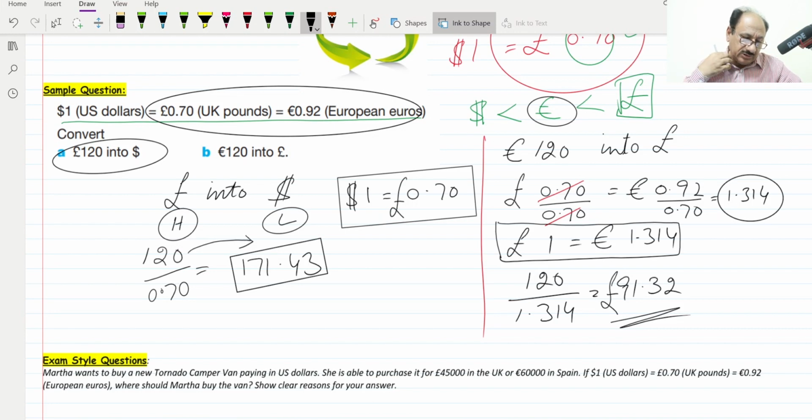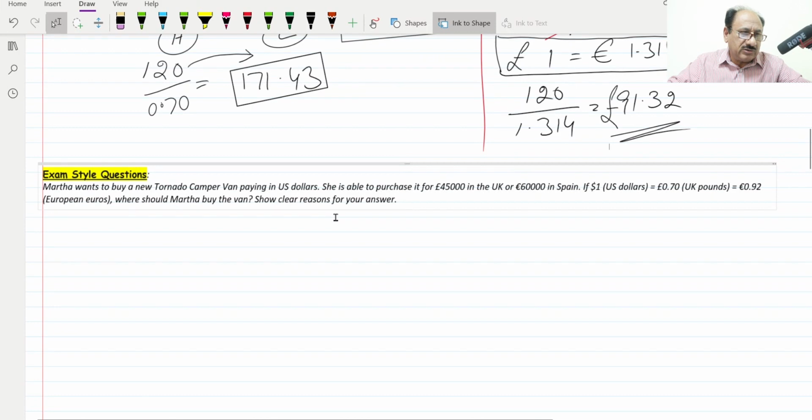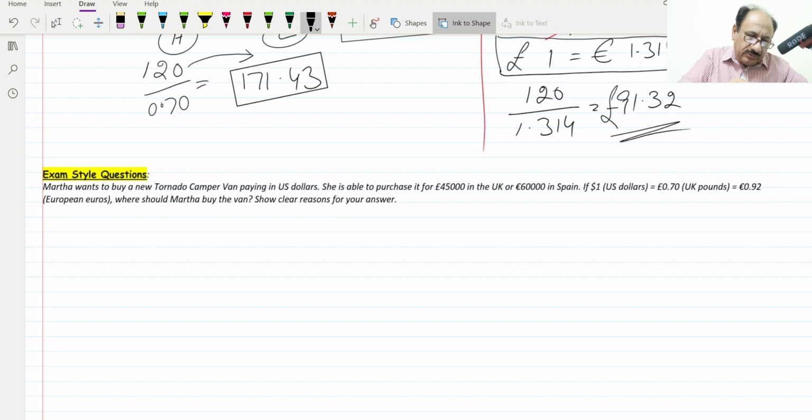Hopefully you understood each and everything. Now we can go through exam style questions. These are exam style questions which you should also understand carefully. Martha wants to buy a new camper van paying in US dollars.